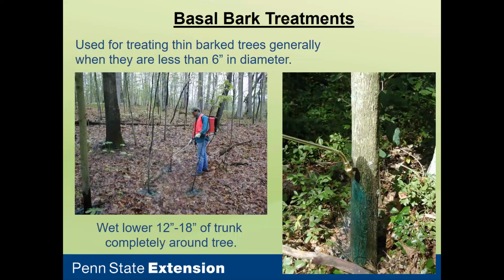Basal bark treatments. This is another very selective approach where you're just targeting that stem. You're spraying that lower 1 foot to 18 inches of the stem from the ground line up, completely around the stem. Used for treating thin bark trees, generally less than 6 inches in diameter.